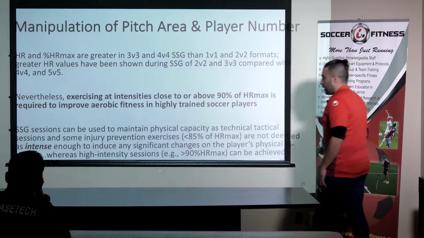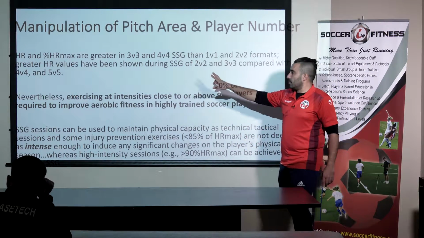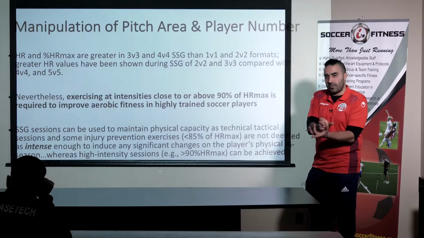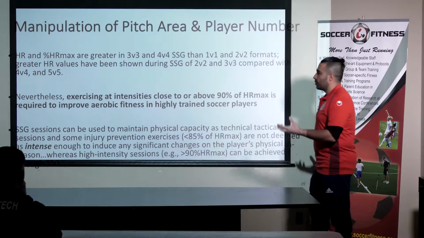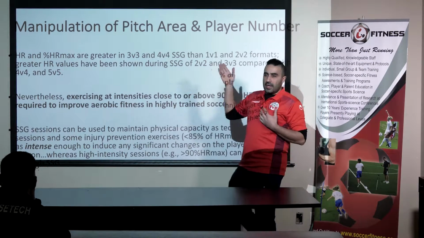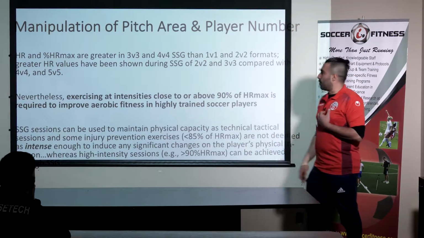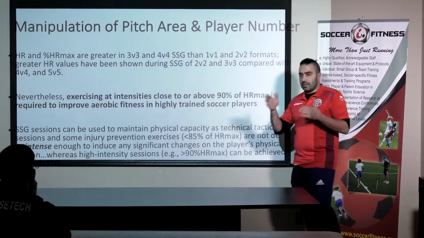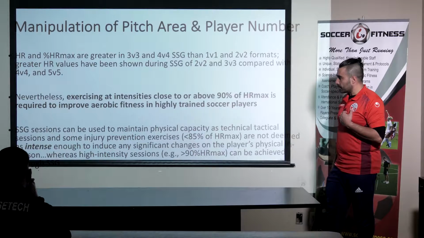So, nevertheless, data was also compared between 1v1, 2v2, 3v3, 4v4, which is what we're going to show you today. And the heart rate and percentage heart rate max were greater in the 3v3 and 4v4 compared to the 1v1 and 2v2, as was shown before.